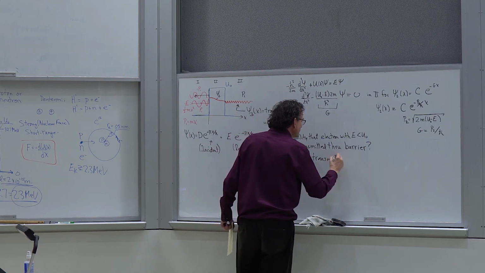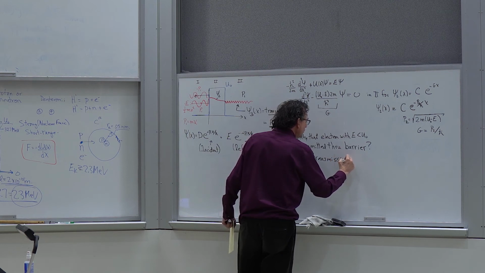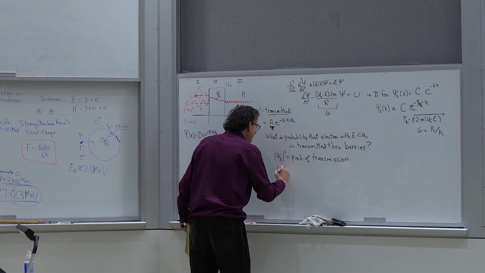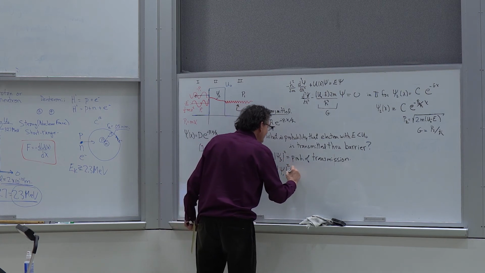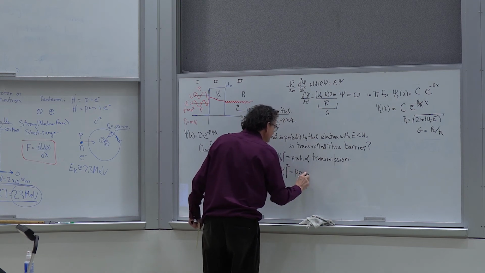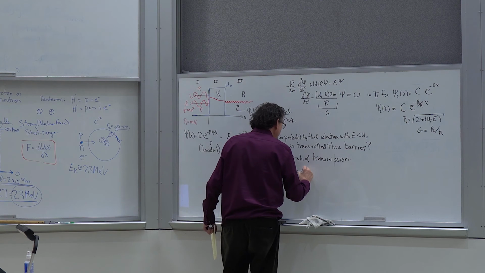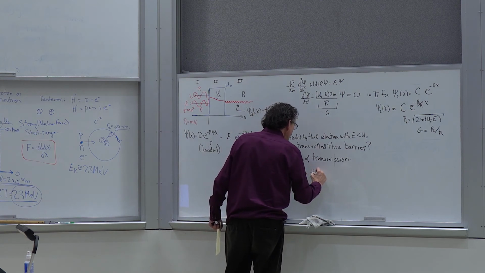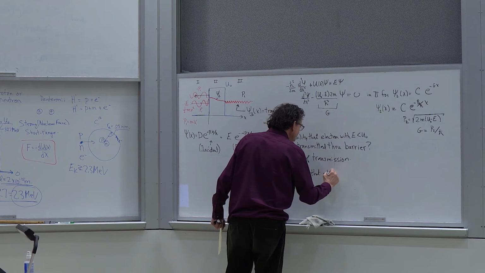But I also have to know something about the probability that the particle reached the wall, or reached the barrier in the first place. So psi 1 squared is the probability of the electron reaching the wall.